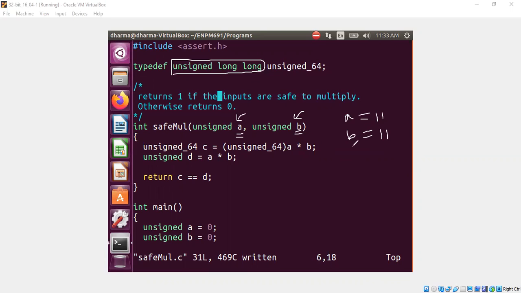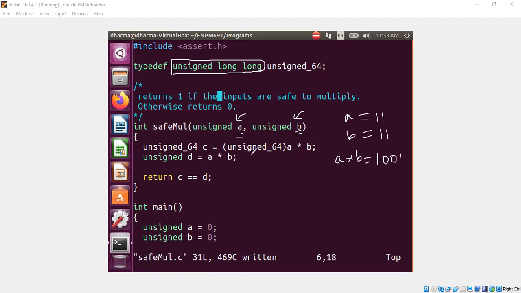For example, A times B will be 9, right? This is 3 into 3, 9. 9 requires 4 bits. This is 9 in binary. So when you multiply two 32-bit numbers, you may get at most a 64-bit number.